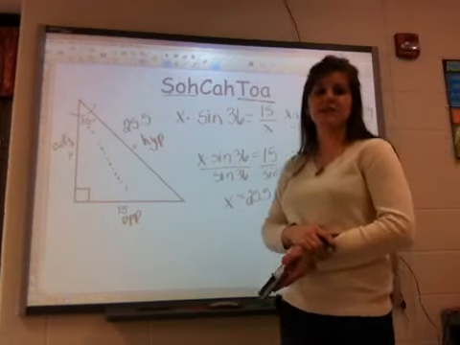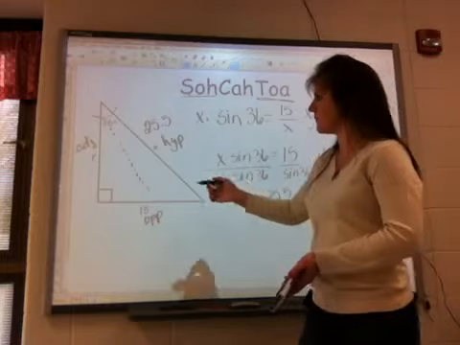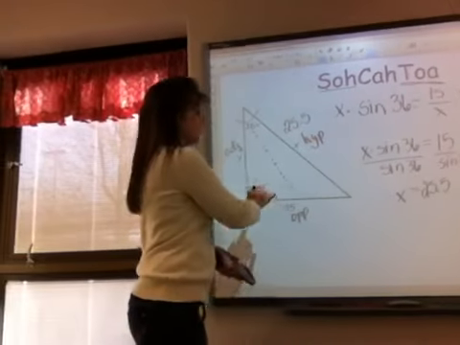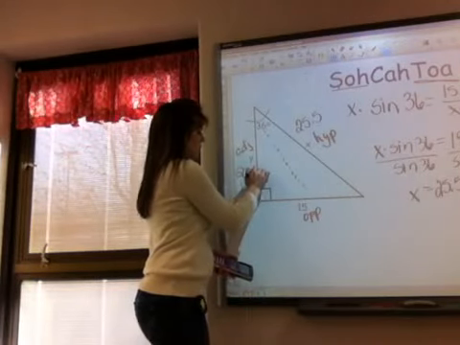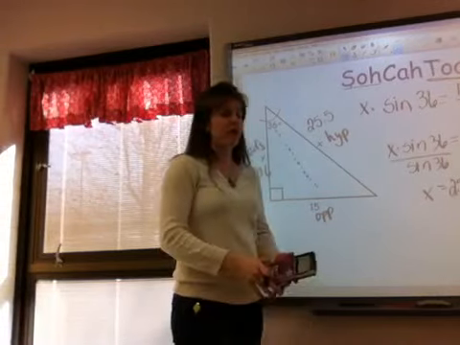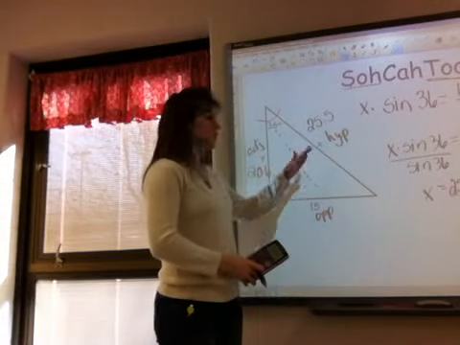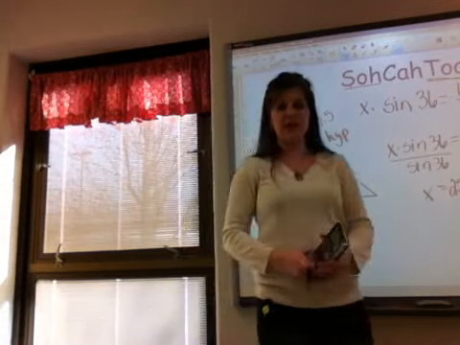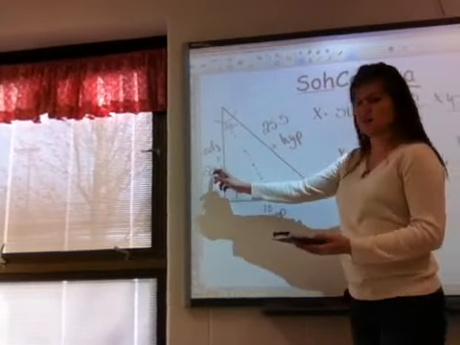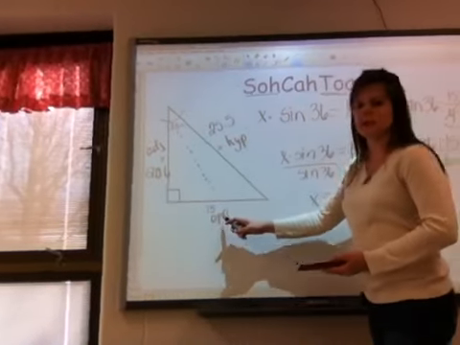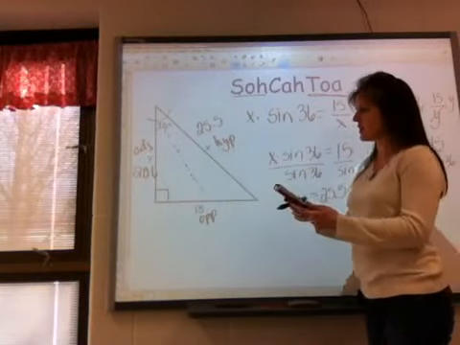Now I can check myself using the Pythagorean theorem. I've got 15, 20.6, and 25.5. It already looks pretty good because these two sides are shorter than this side, so that's a good thing. So using the Pythagorean theorem, I know that this side squared plus this side squared should equal that side squared.